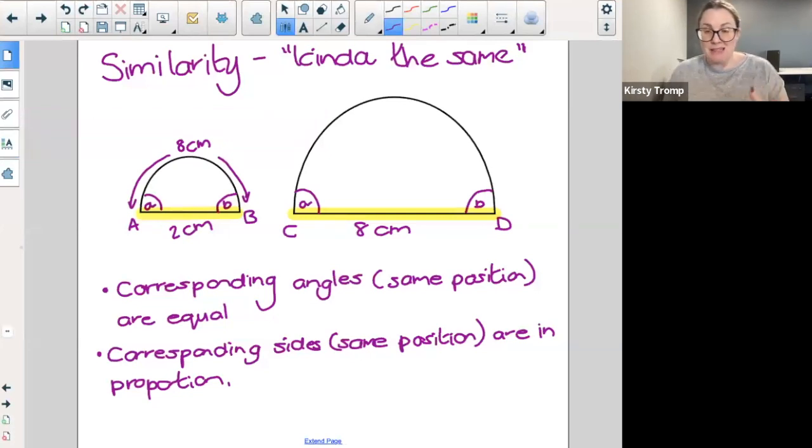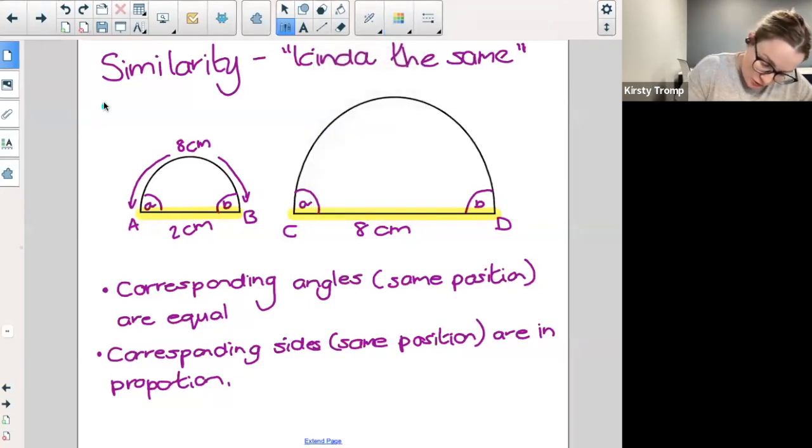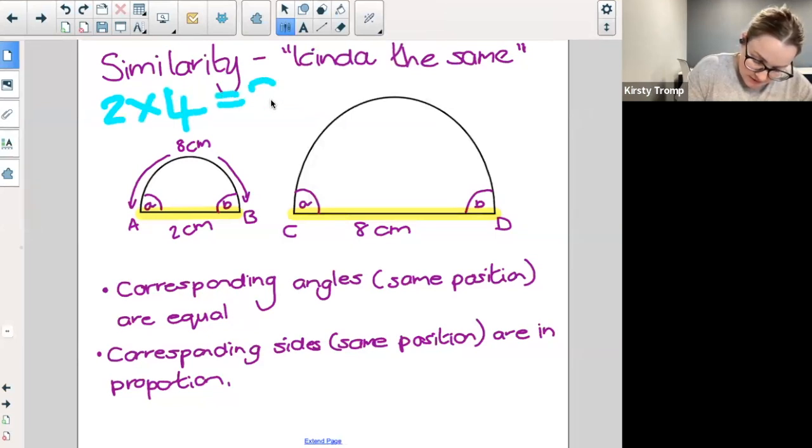Well, if I had to take 2, what do I do to 2 to get it to 8? What do I multiply 2 by to get it to 8? I would say 2 times 4 gives me 8, okay?